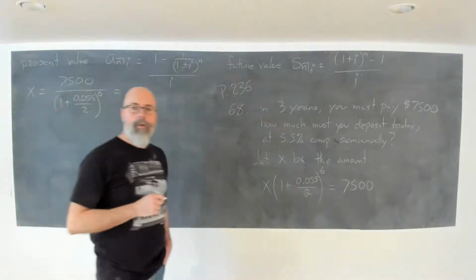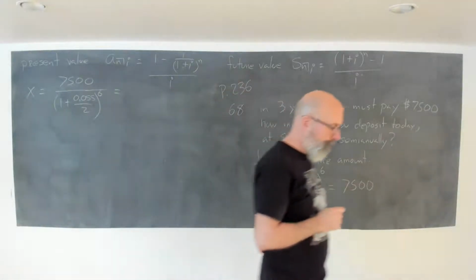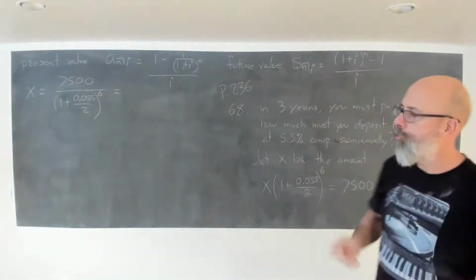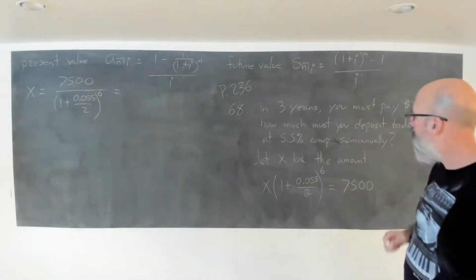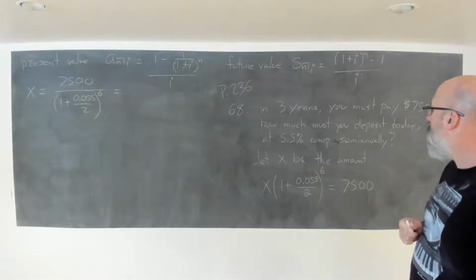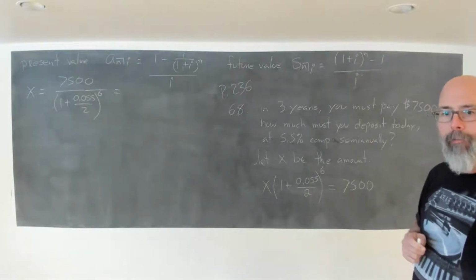Somebody work that out for us. How much is $7,500 worth right now at 5.5% compounded semi-annually?